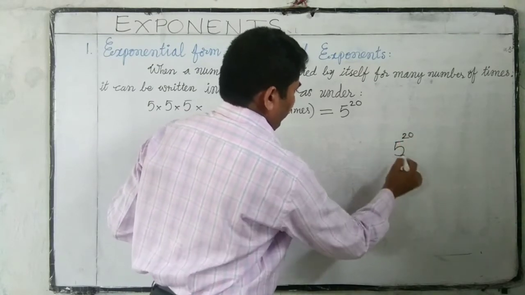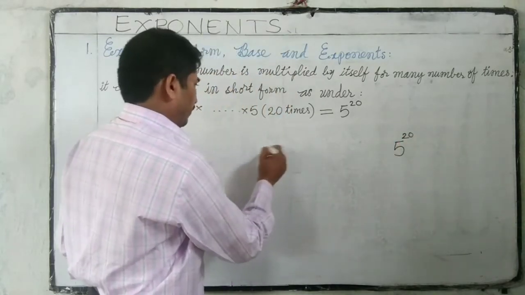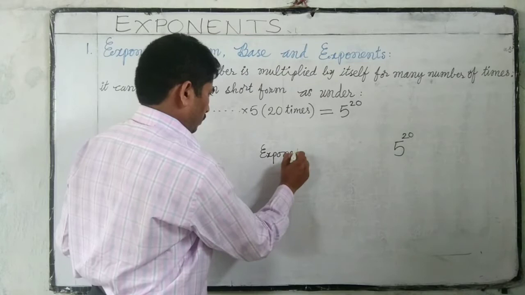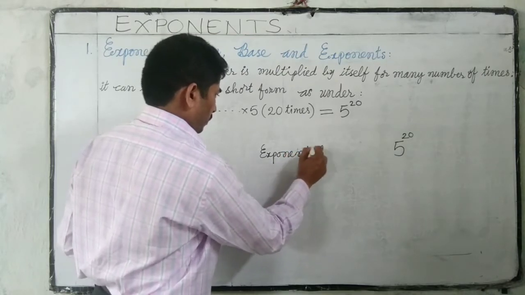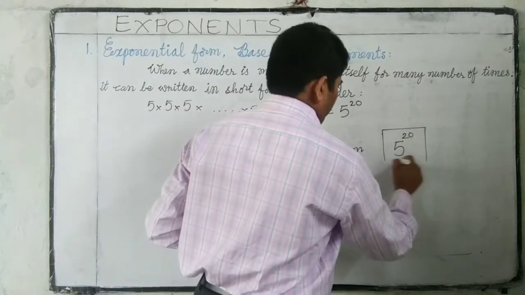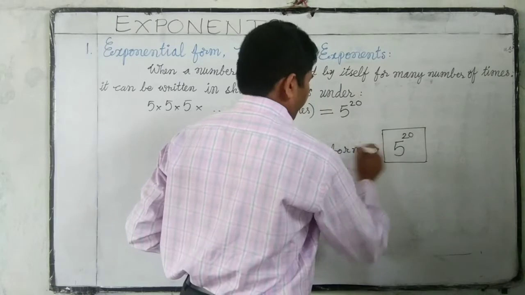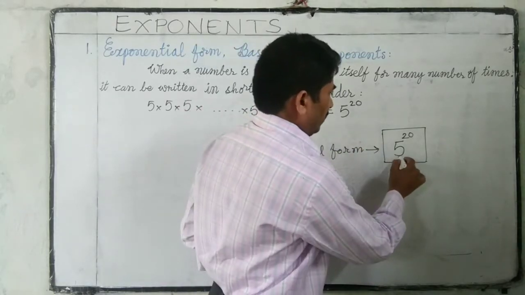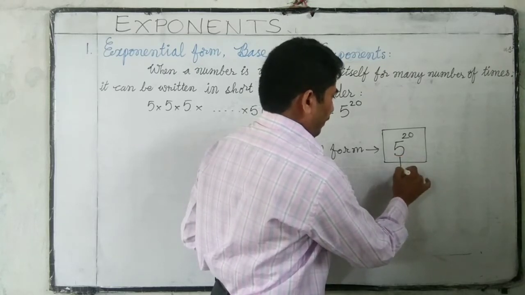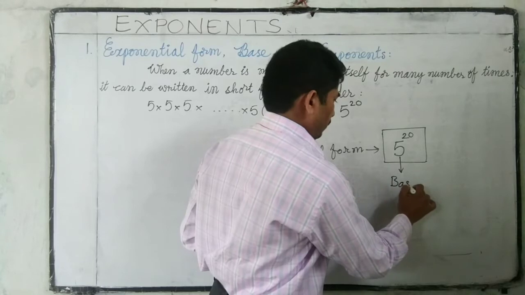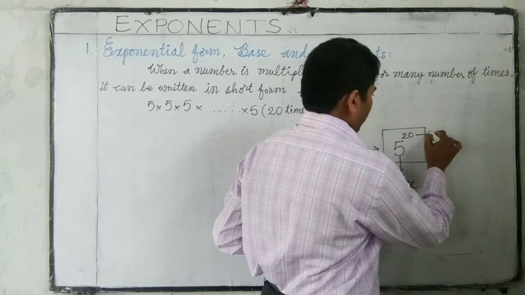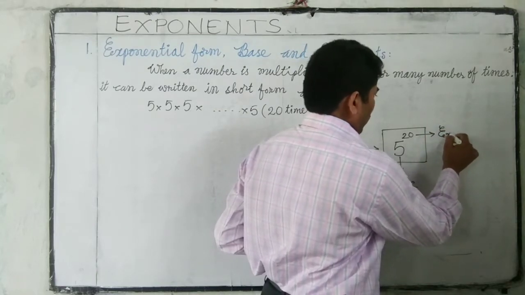Five to the power of 20 is called exponential form. In this, 5 is called base. 20 is called exponent.